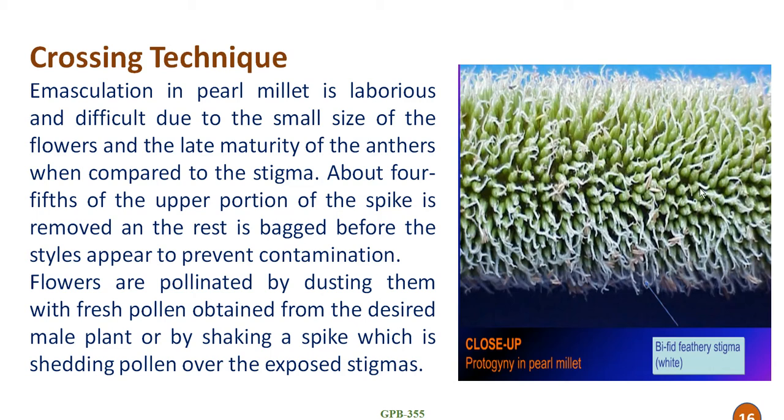So we can see here all the stigmas have emerged, and there is no anther present. After the gynoecium matures, the androecium, that is the anther, emerges. So there is as such no need of emasculation in bajra. By using this trick, we can produce hybrid seed without emasculation.